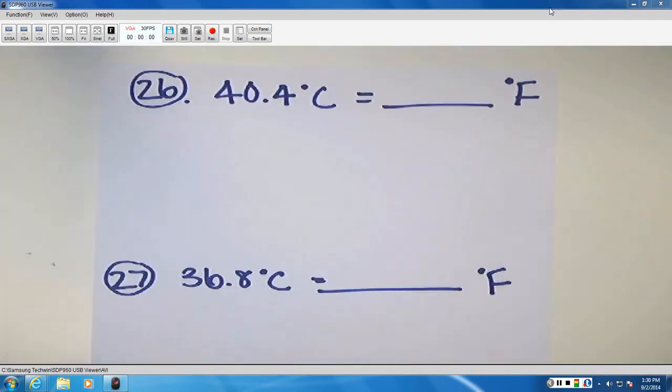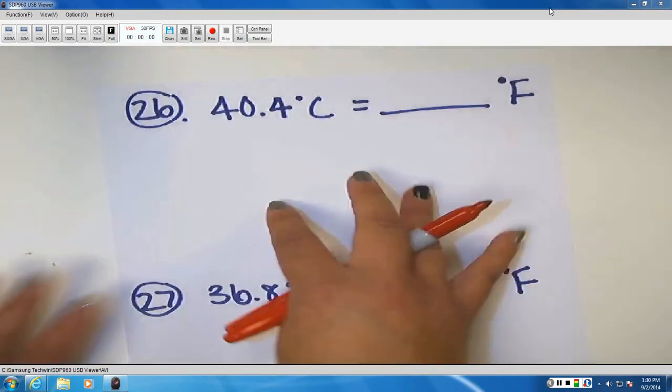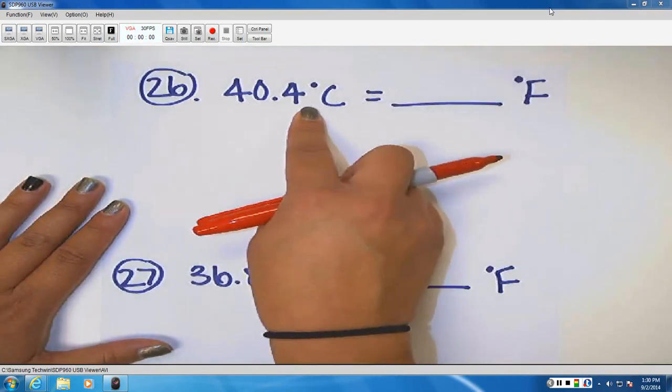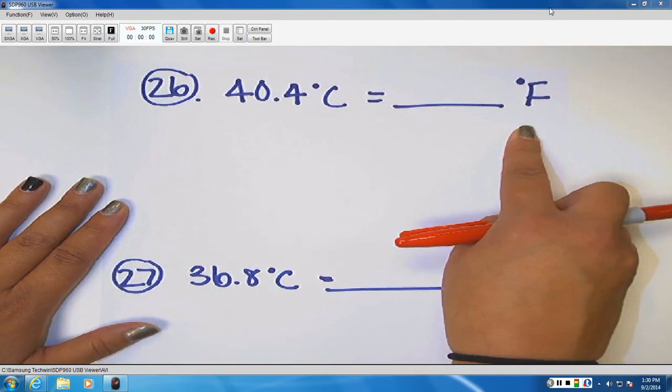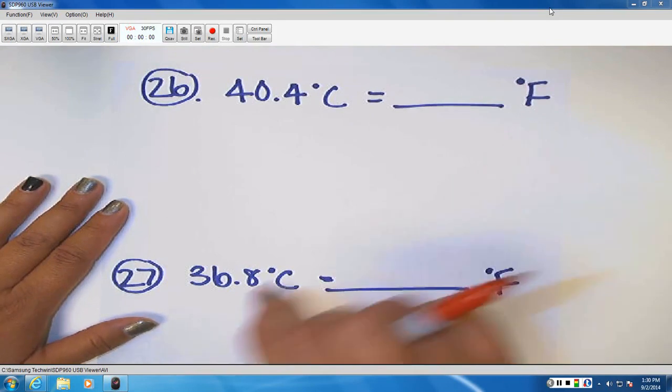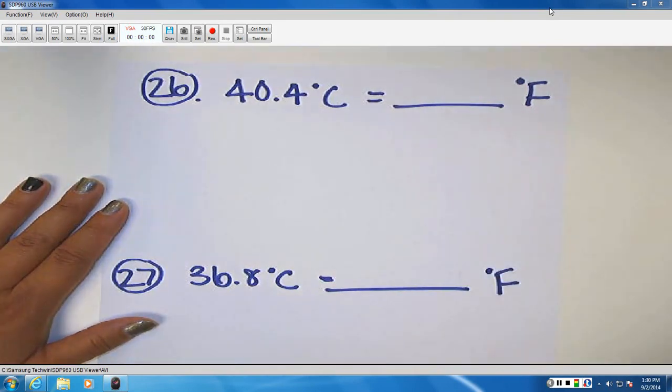Now let's take it the other way. Now let's go from Celsius to Fahrenheit. It's kind of the same numbers. You're just going to do it in reverse order. So on this one I have 40.4 degrees Celsius. I want to convert that to Fahrenheit. With this one, I'm first going to multiply by 1.8 and then add 32.